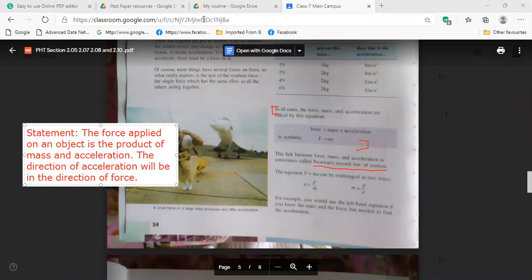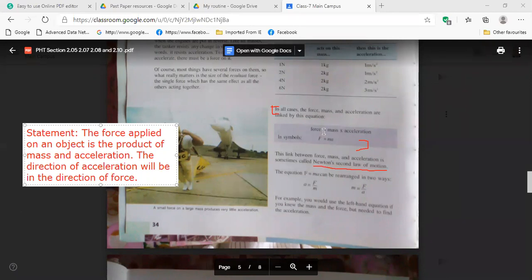I couldn't understand this statement. Okay, can you read the statement, please? The force applied on an object is the product of mass and acceleration. Wait, till here this is the first part of the statement. We got it from this formula.